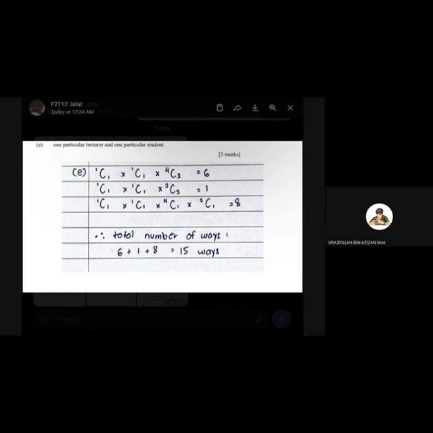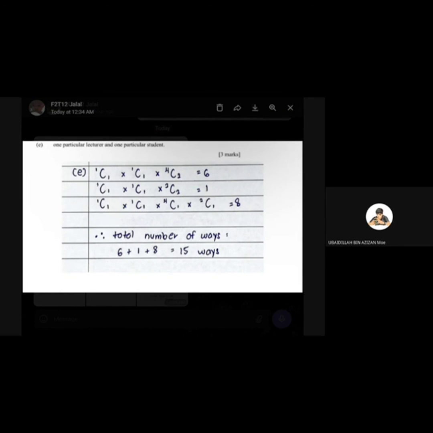In this question, we should use 1C1 times 1C1 times 4C2 is equal to 6. It is because we need one particular student and one particular lecturer, and the others are 4C2 because we need 4 members in one group.